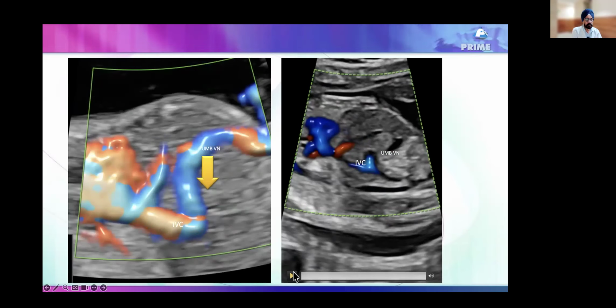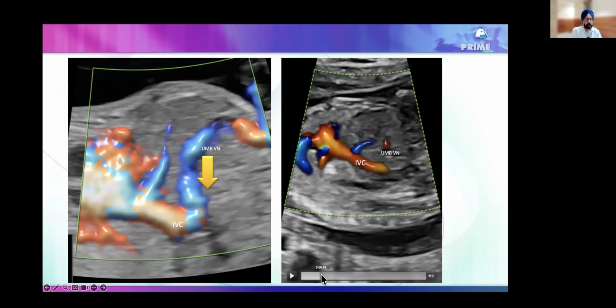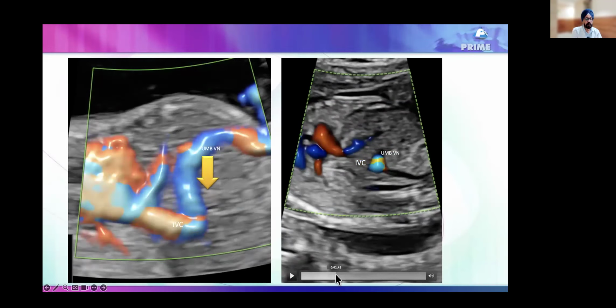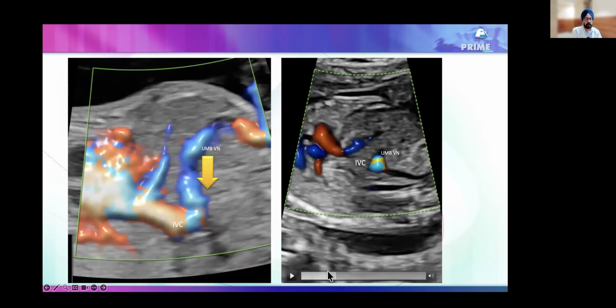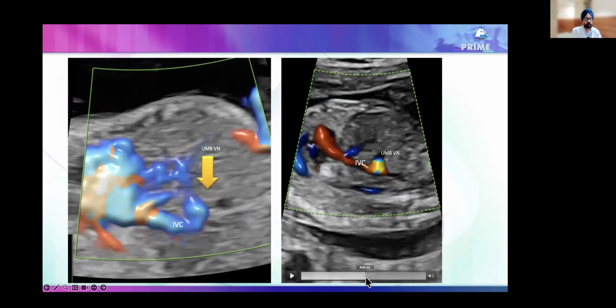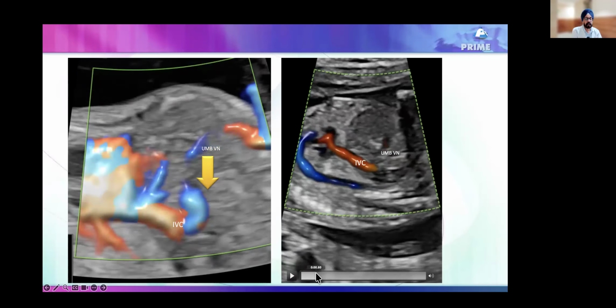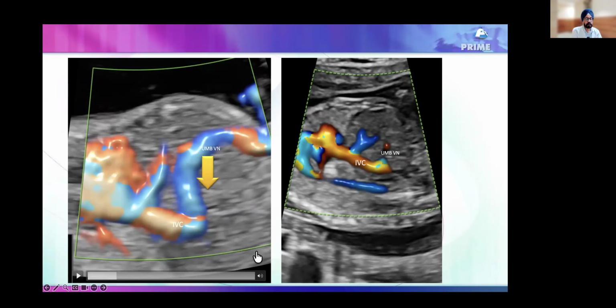And one interesting thing which I saw in this video is the right lower pulmonary vein. You see this vein? Descending aorta. So descending aorta, I'll stop this.